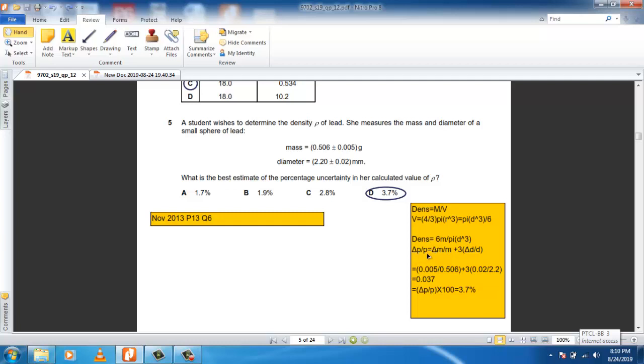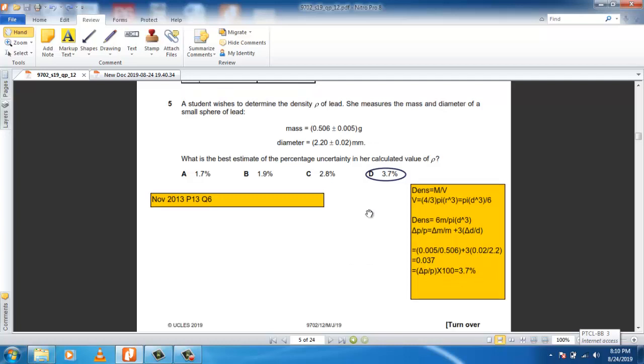So change in P over P equals change in m over m, because m appears singly, plus 3 change in d by d. It's 3 because it was d cube. When you are finding the uncertainty, the power comes in front of the uncertainty. So it is 0.037, and we have to find the percentage uncertainty, so into 100 it becomes 3.7. So the answer is D.